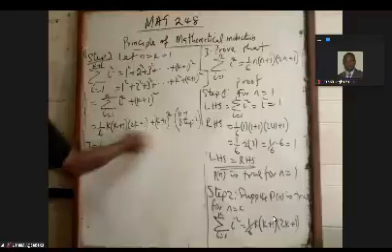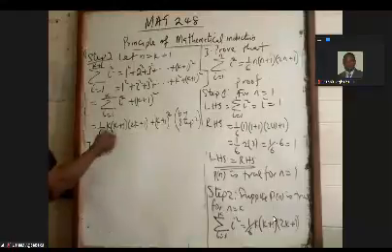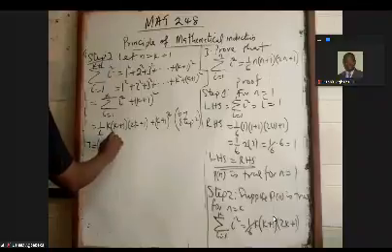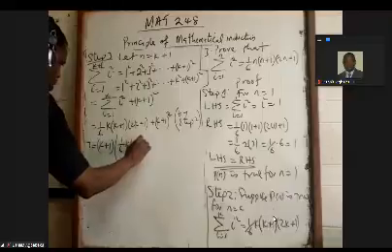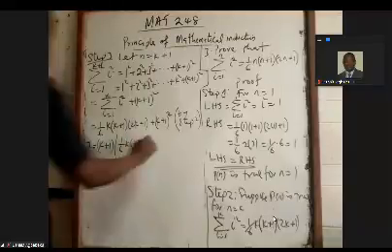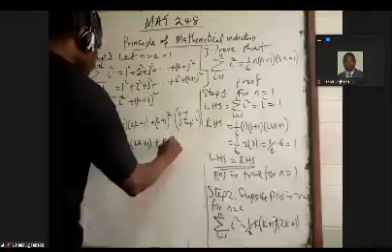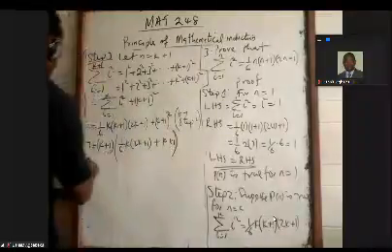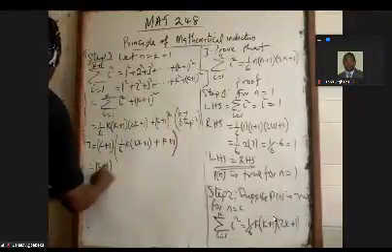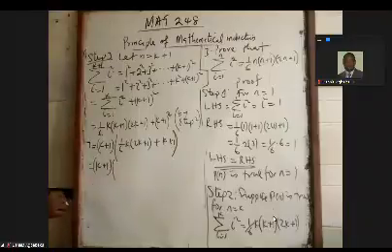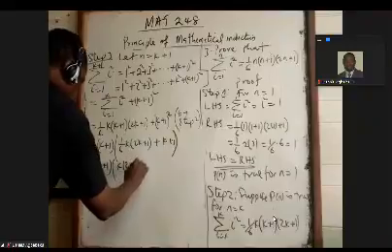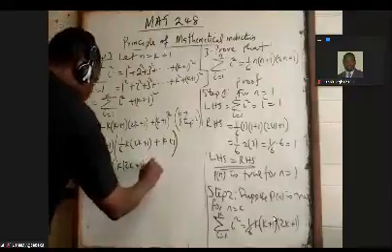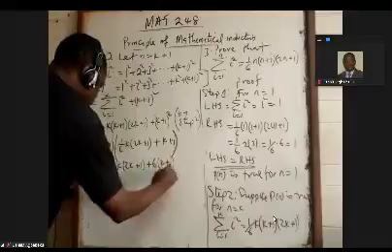So this gives me 2k squared plus k plus 6k plus 6, which simplifies to (k+1) over 6 in bracket 2k squared plus 7k plus 6. This is a quadratic expression which we are going to factorize.